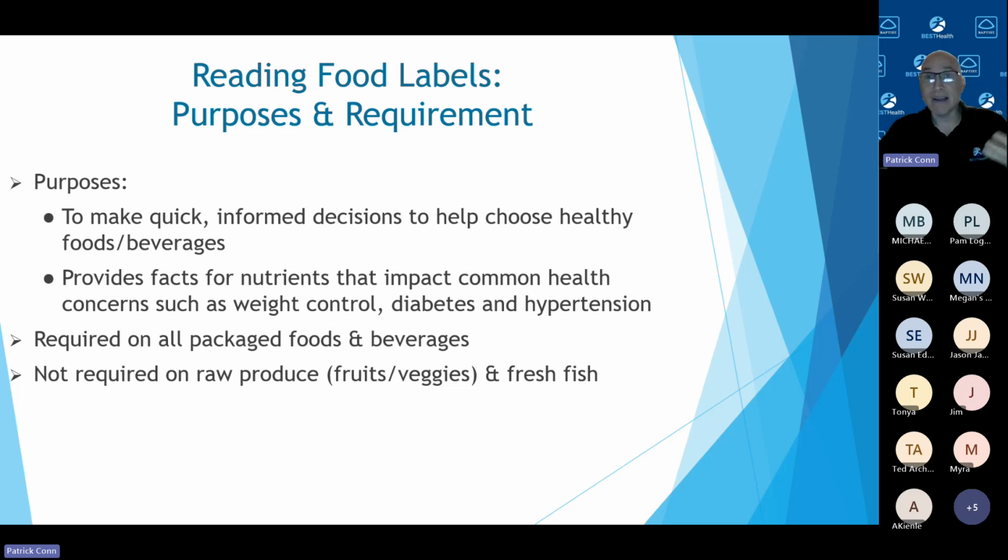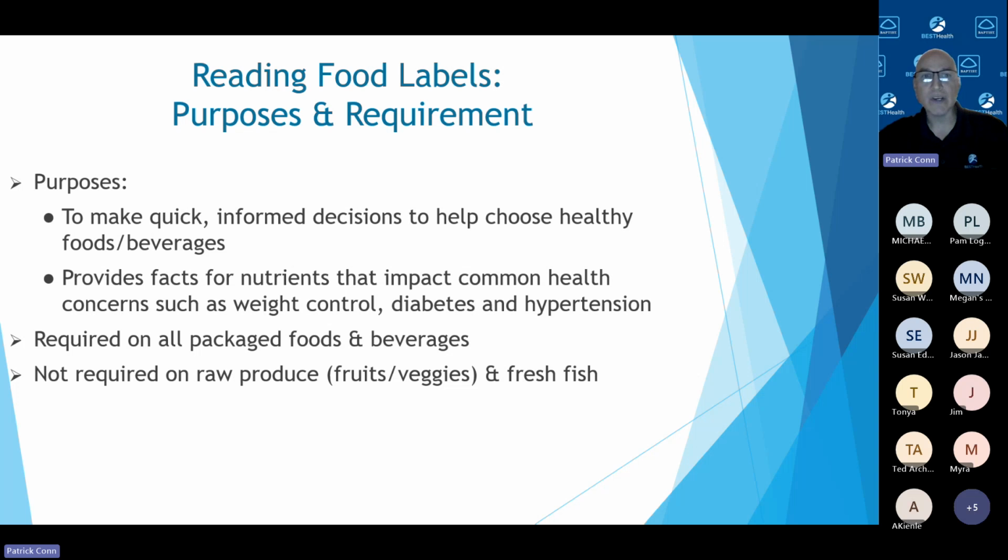A lot of times, people can eat more than that one burrito, and if they were to eat two burritos, they're getting over 1,500 calories just in that one sitting. So a purpose of food labels is to make that quick, informed decision to help choose healthier foods and beverages.